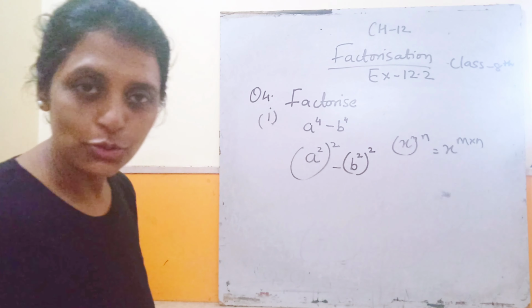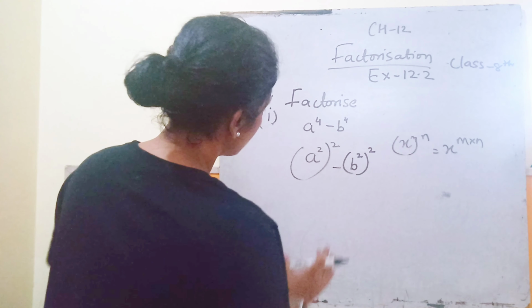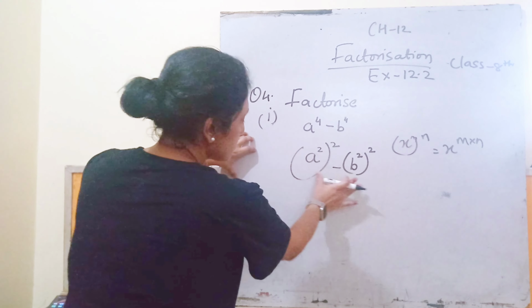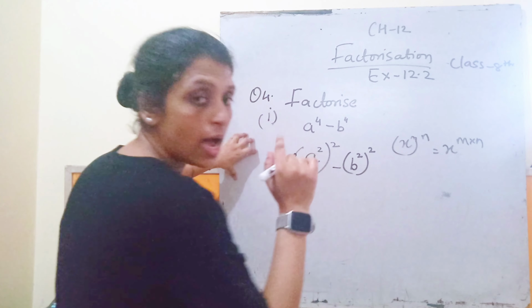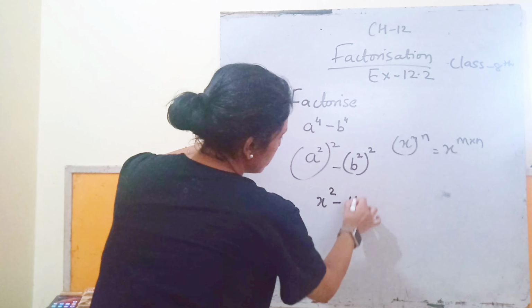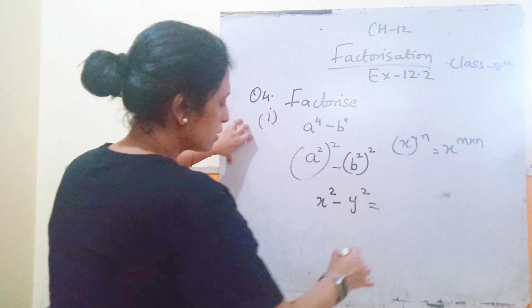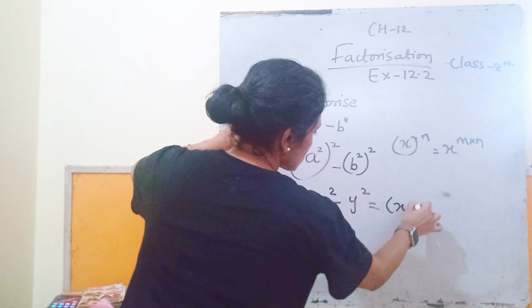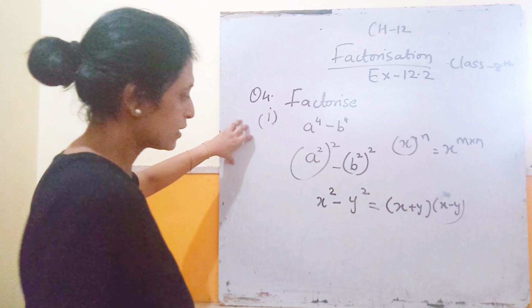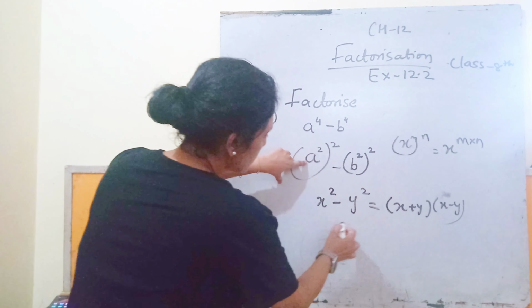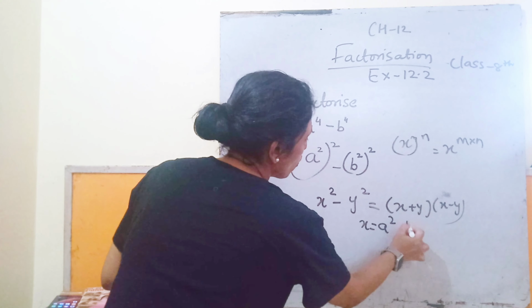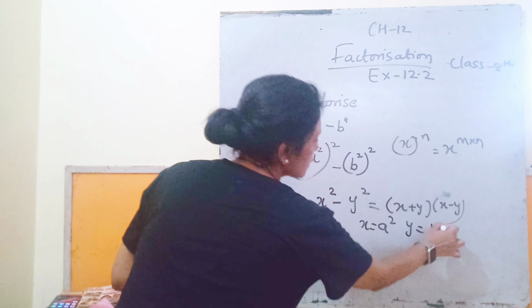Now, here we can compare this expression with the identity x square minus y square is equal to x plus y, x minus y, isn't it? So here our x is a square and our y is b square.